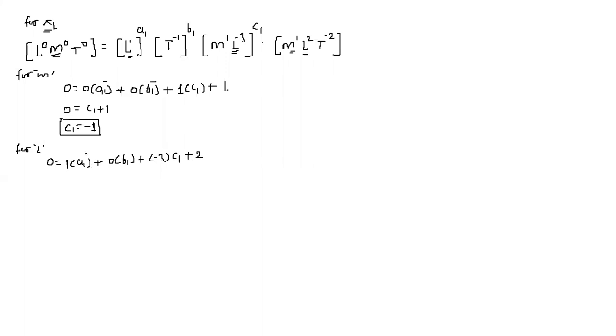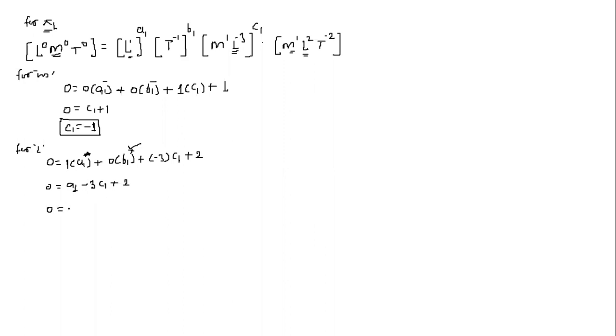So this will become 0 and this will become 0. So you will get directly the magnitude for A1. So 0 is equal to 1 into A1, that is A1, plus -3 into C1 plus 2. Now we have to put the value for C1.